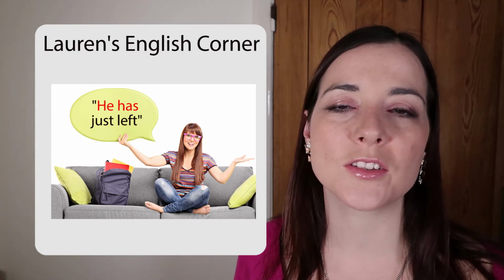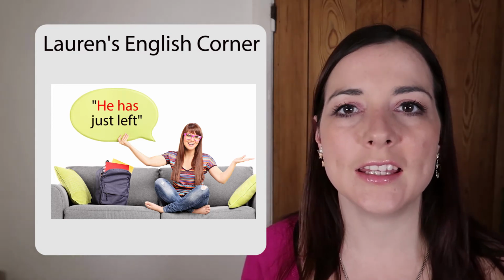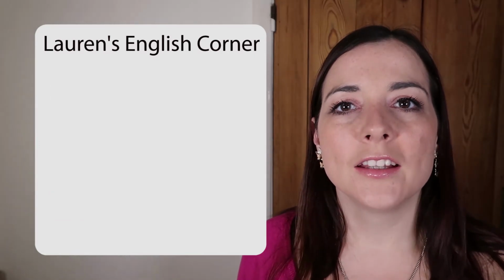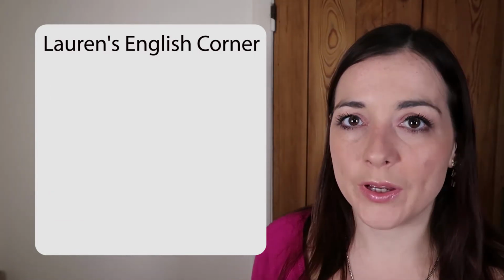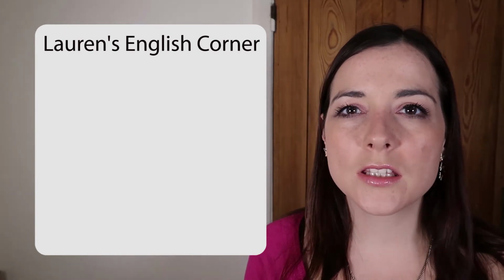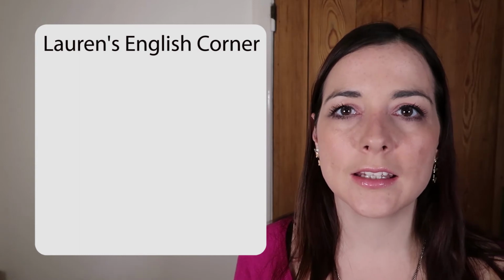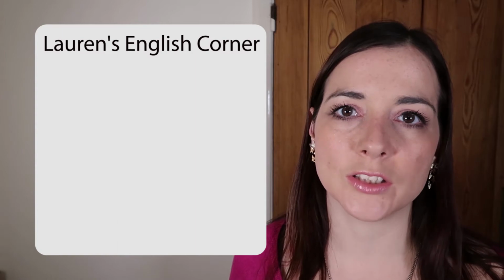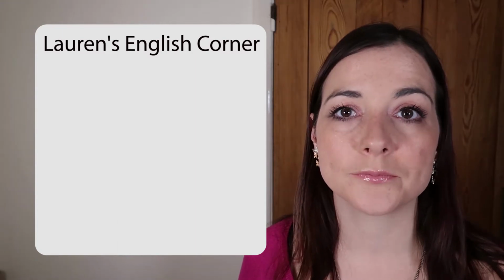Perhaps even the door is closing because he's just left the room and the door is shutting behind him. So we can use present perfect for something that happened in the past, but it's only just happened this second, a few seconds before, or we're concentrating on the present result, something that we can still see the result of.